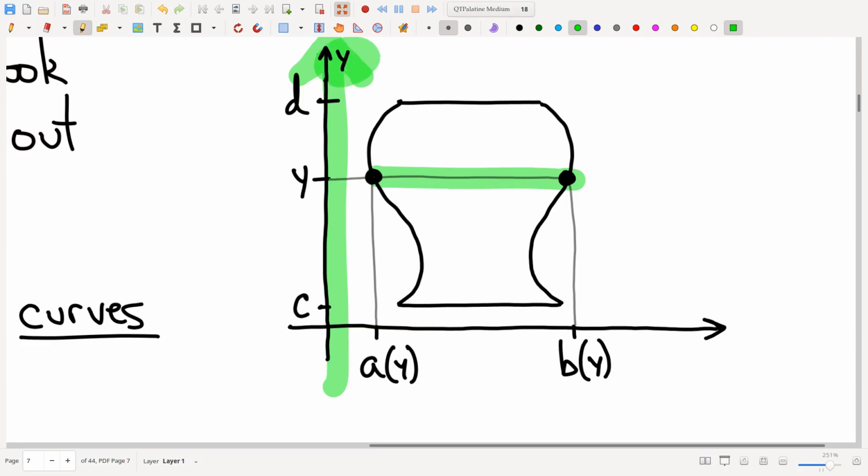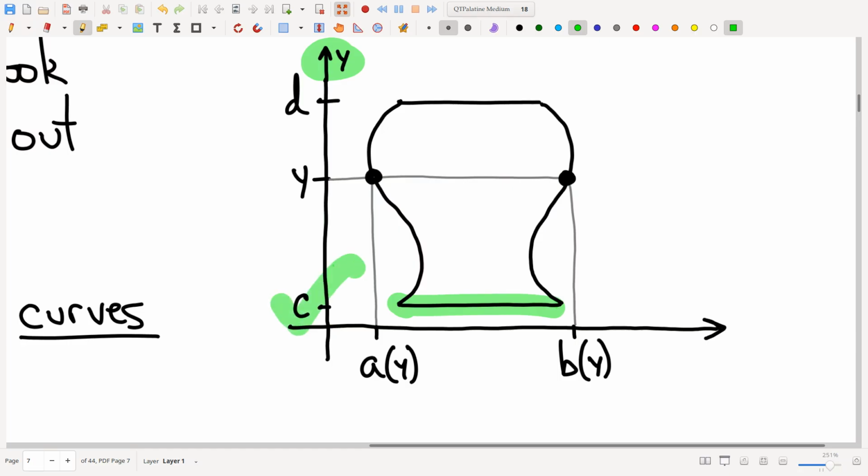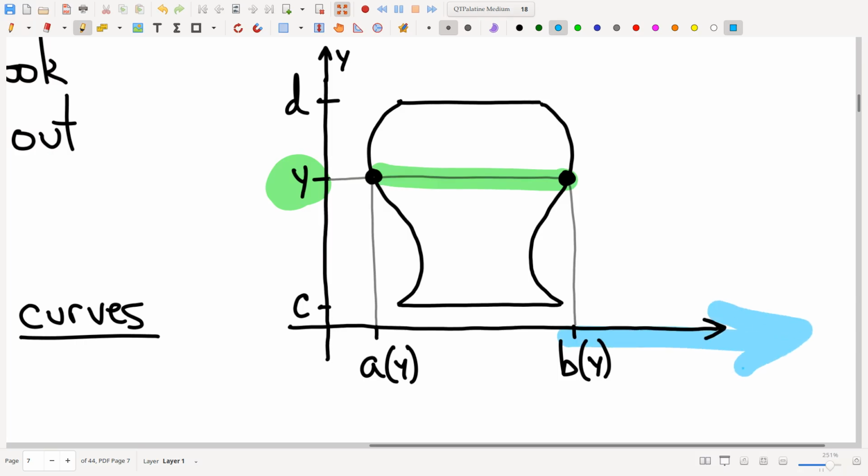A Y slice is perpendicular to the Y-axis. And we talk about where they start and where they end. Now, Y starts at that slice where Y is C and ends at that slice where Y is D. Right? And then, having found those bounds for the outer integral, I then fix a value of y, focus my attention on that slice, now look in the next direction.